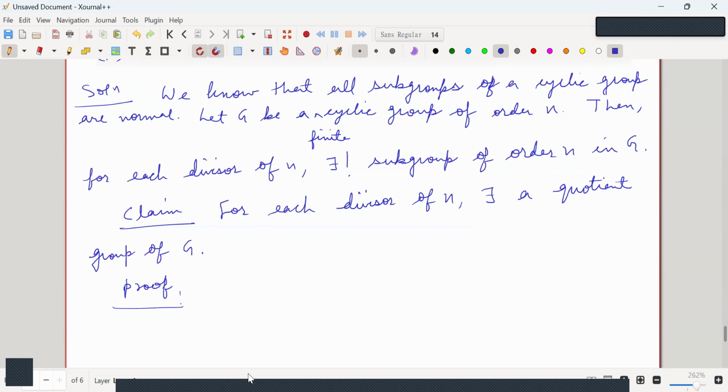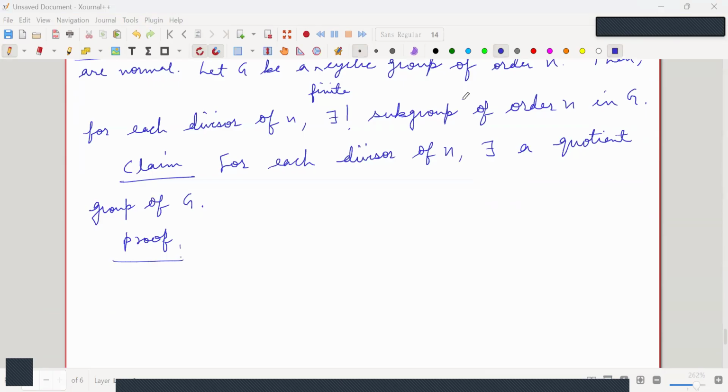Just try to say something. So for each divisor of n, if there's some normal subgroup, then I can construct a quotient group, right? Let m divide n.